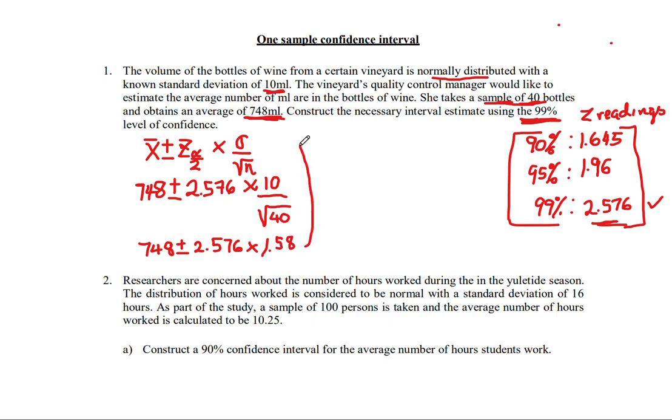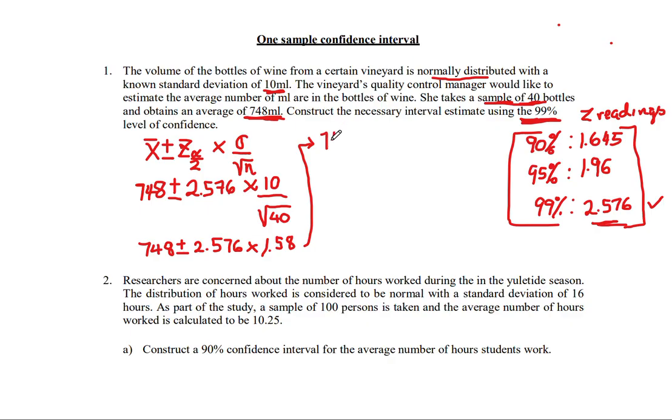I'm just going to come up here to finish the problem. Now, in terms of order of mathematical operations, we will multiply before we add and subtract, which means that in this case, we're going to multiply 2.576 by 1.58.